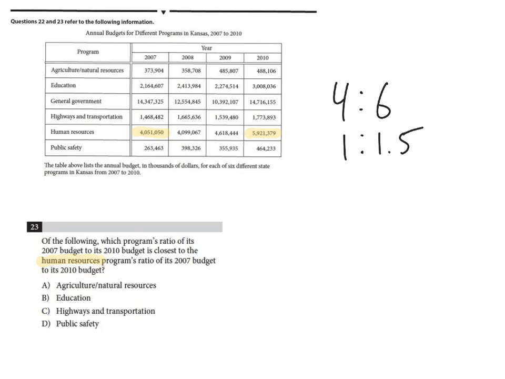Okay, and if we look at agriculture, is it a 1.5 ratio to go from 370 to 480? Well, not quite. It's an increase of a little bit over 100,000, but 100,000 is not half of 370,000. So I don't think that's it.